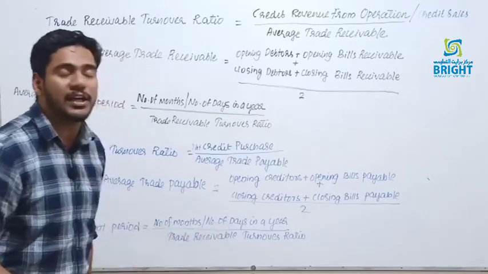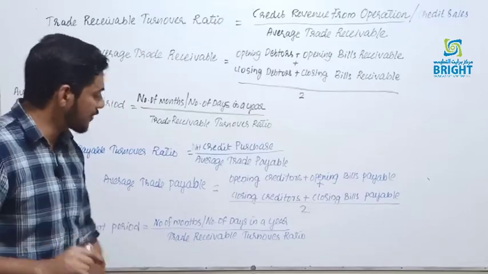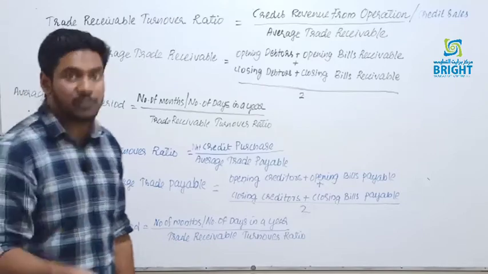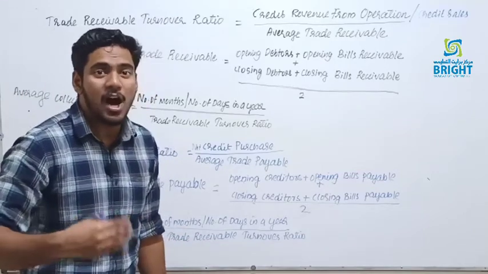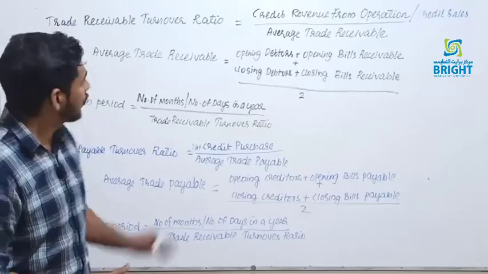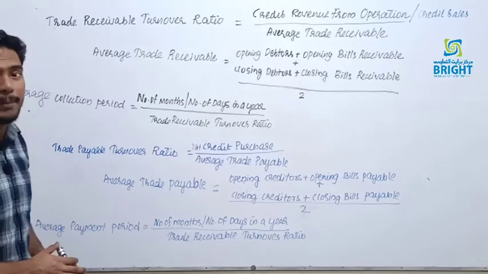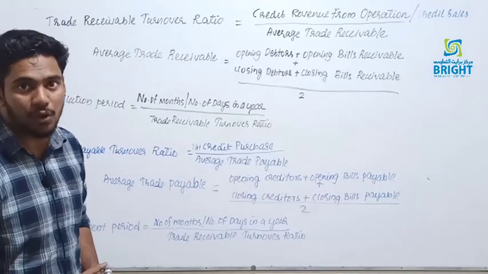If you are using the days, total number of days in a year divided by the ratio, then it will give you within how many days you are giving back your debt. So this is trade receivable turnover ratio and trade payable turnover ratio.